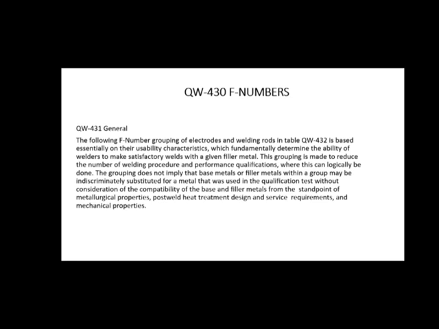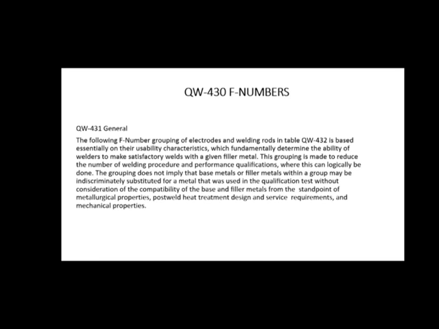The grouping does not imply that the base metals or filler metals within the group may be indiscriminately substituted for a metal that was used in the qualification test without consideration of the compatibility of the base and filler metals from the standpoint of metallurgical properties, post-weld heat treatment, design, and service requirements, as well as mechanical properties. So what is this telling us?